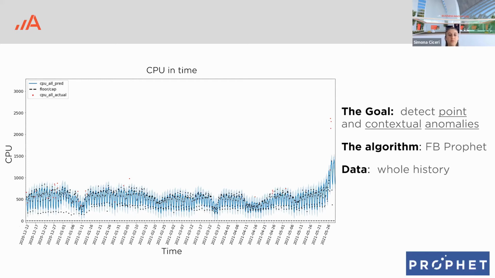The algorithm models data taking into account seasonalities, missing data, and shifts in the trend, and it works best with time series with a strong seasonality and also with several seasons of historical data. While modeling the data, Prophet provides an interval of confidence around the best fit that is very suitable for anomaly detection of points which deviate from the trend.